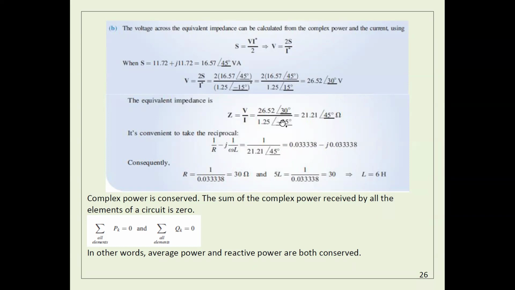Okay. So now, once I get Z this way, this is the total resistance. If I give you Z this way, how can you find R and find L? This is the total resistance.